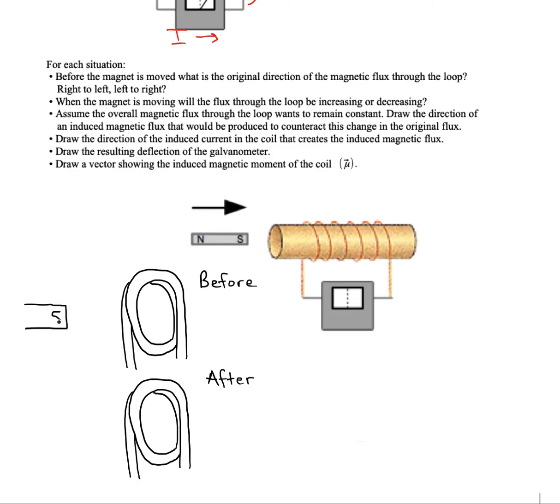The south pole is going to be coming closer to the loop. And we want to see what kind of magnetic flux is existing through the loop before, and then how does that magnetic flux change as time goes on. So we had seen in the past that magnetic field lines will point toward a south.